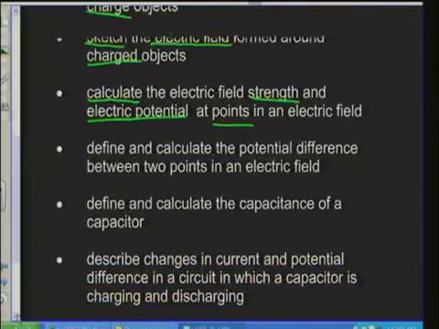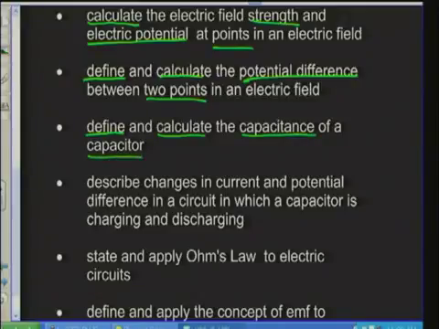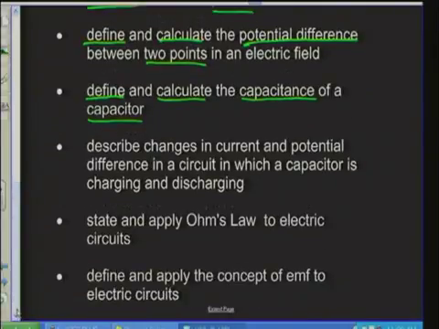Next, you need to be able to define and calculate the potential difference between 2 points in an electric field. You also need to be able to define and calculate the capacitance of a capacitor. You also need to be able to describe changes in electric current and the potential difference in a circuit in which a capacitor is used, either when it is charging or when it is discharging.